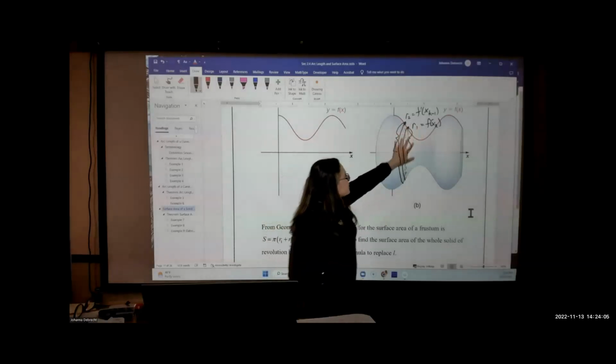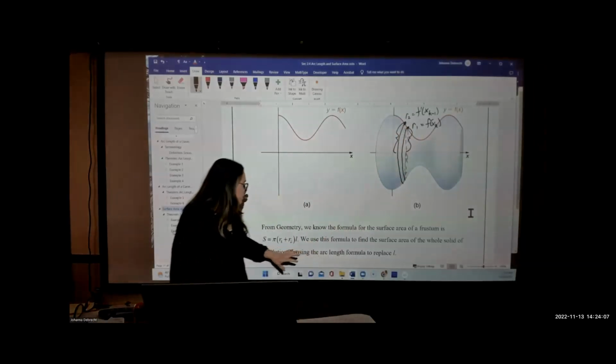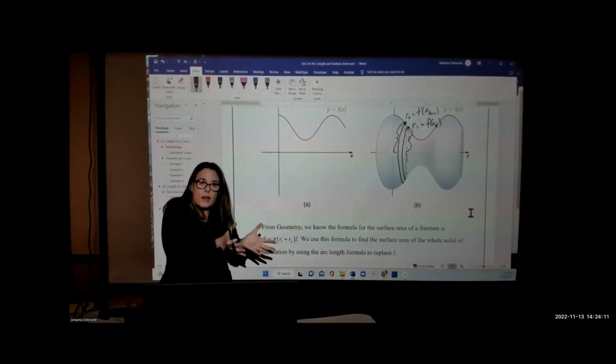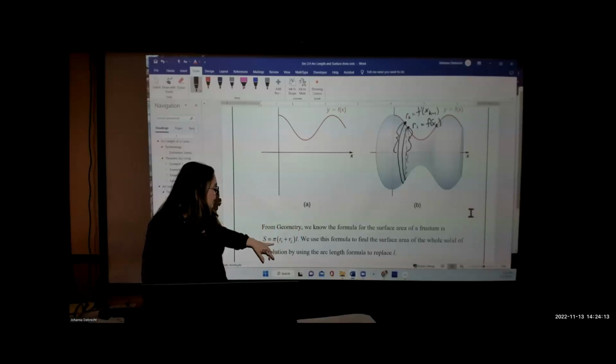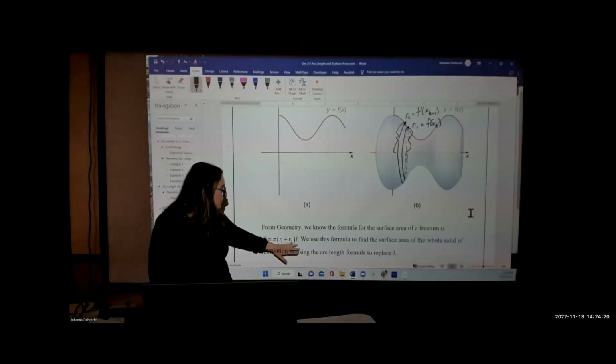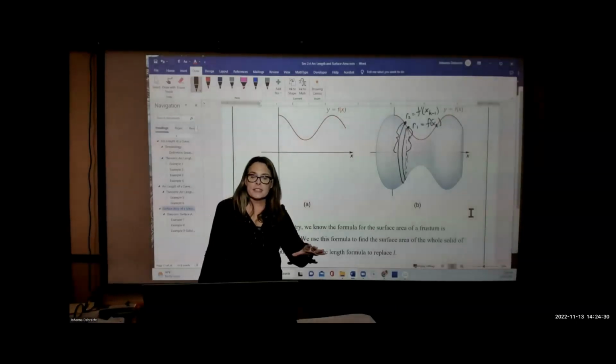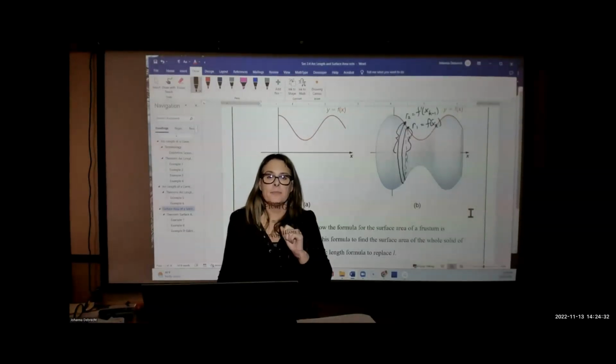Now, in geometry, it can be proved that the formula for the surface area of a frustum, that round yogurt cup shape, can be given by pi times the sum of the two radii, the upper circle and the lower circle, times that slanted length, L. So that's pi times the sum of the radii times the slanted length L. That gives the surface area of one frustum, all right?